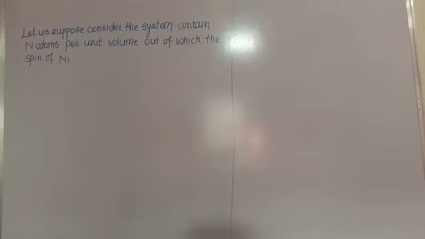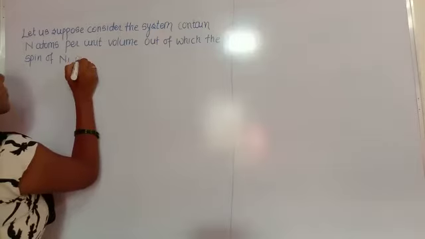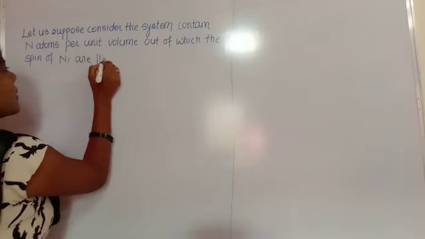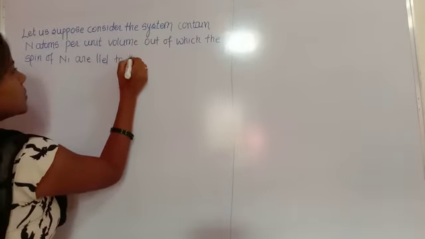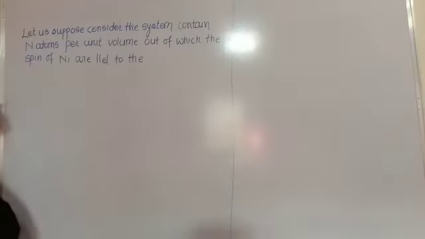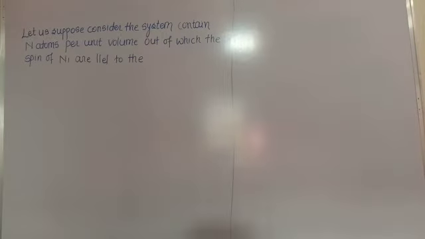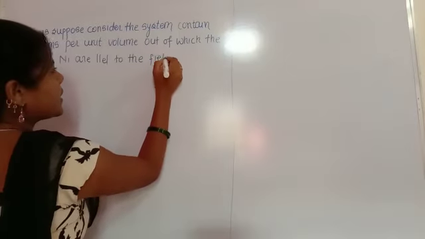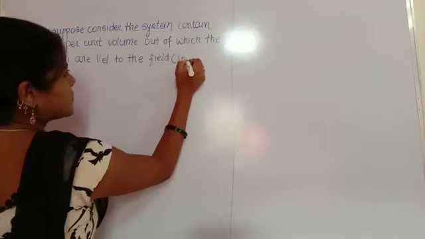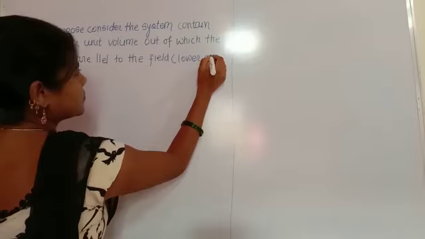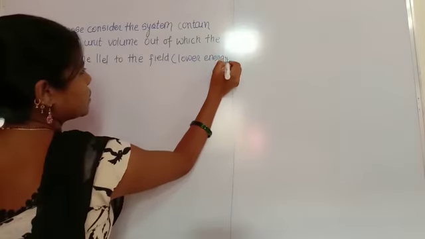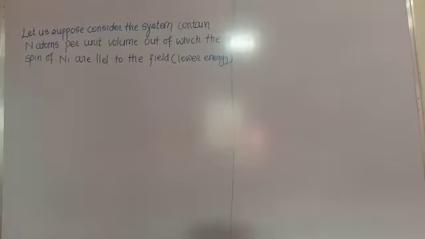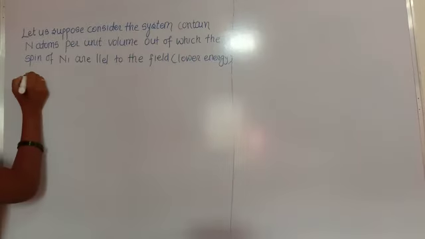The spins of these n1 particles are parallel to the field, which is the lower energy state, because in the lower energy state the spin is parallel to the field.